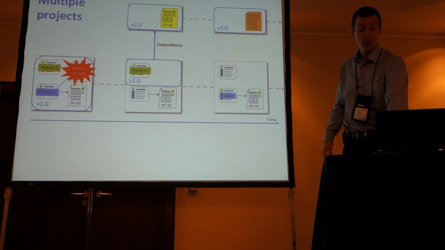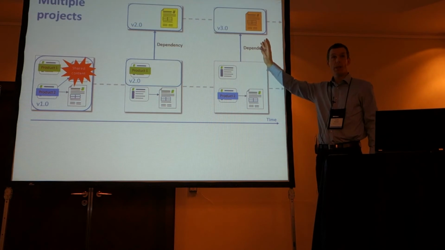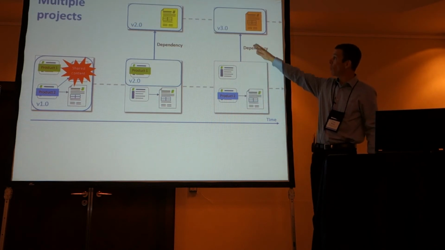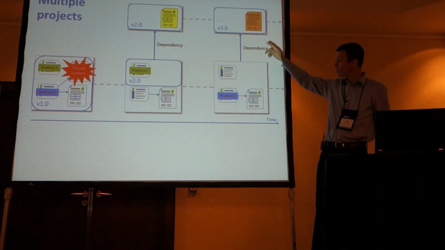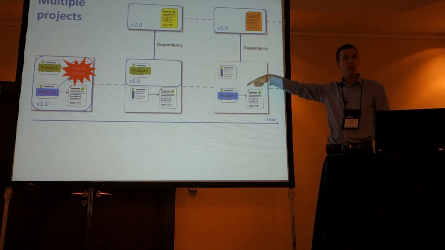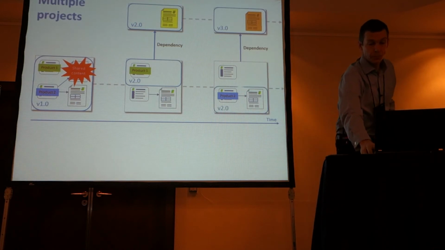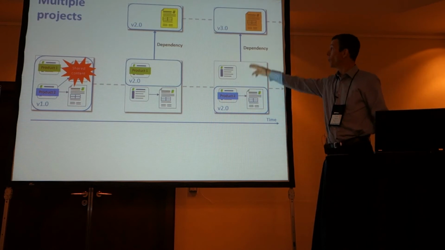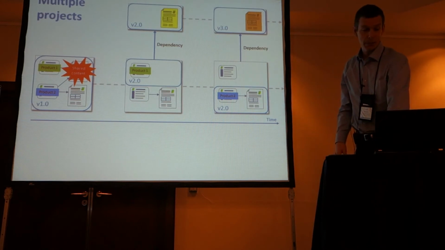Later on, for the product 2 release, we're just going to update the dependency and say, now we can switch over to this V3 version, because now we're going to publish product 2. And the product 2 version will use that V3 version of the shared content.